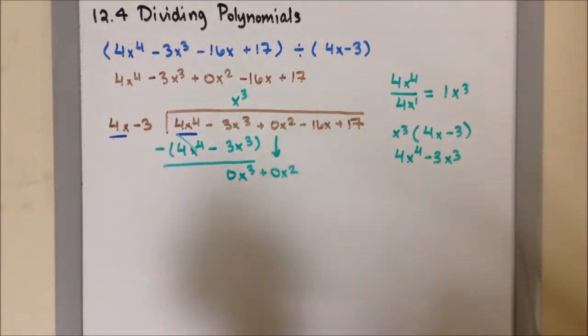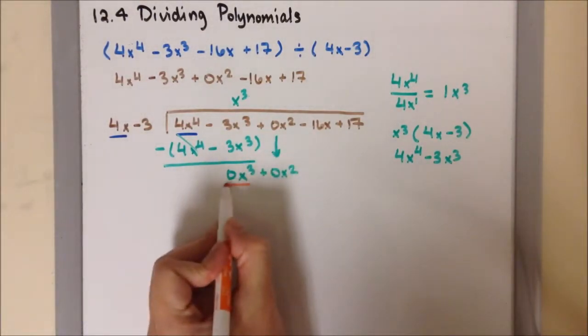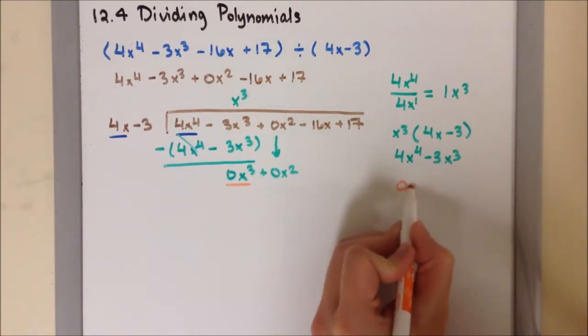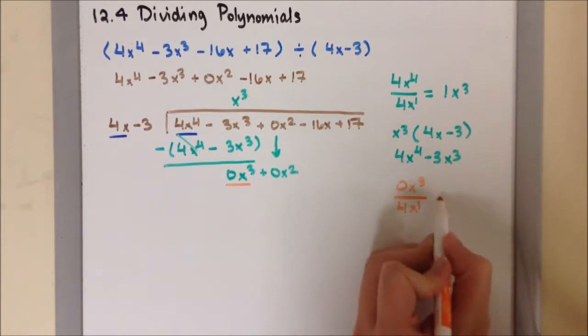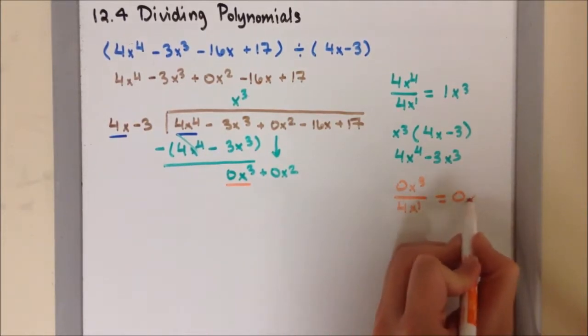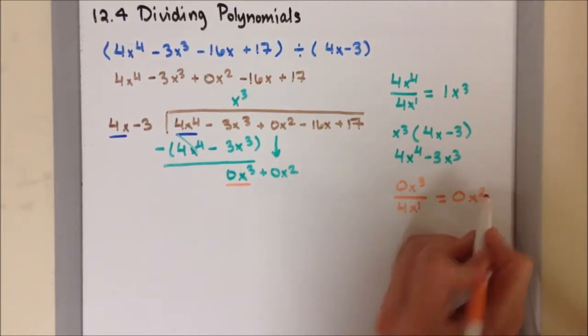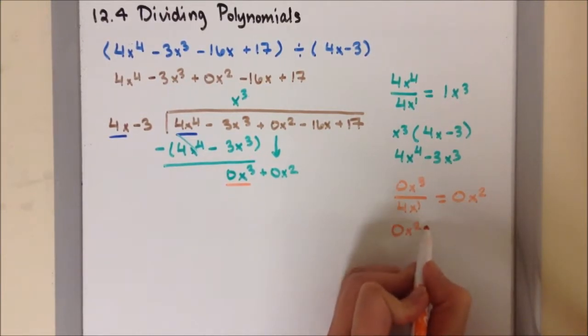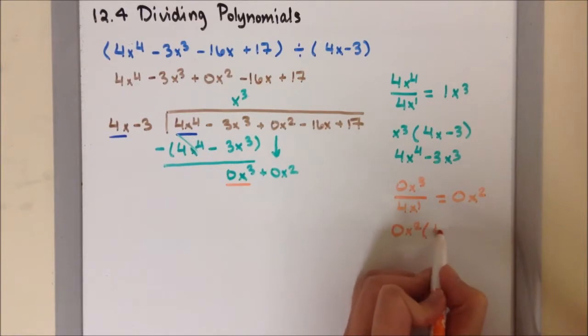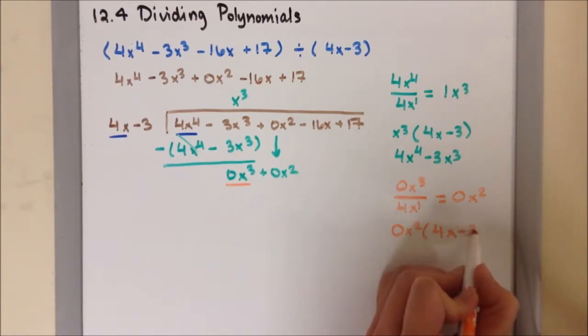Same process with this one right here. 0x to the 3rd divided by 4x to the 1st power will be 0x to the 2nd power. So 0x to the 2nd power times 4x minus 3.